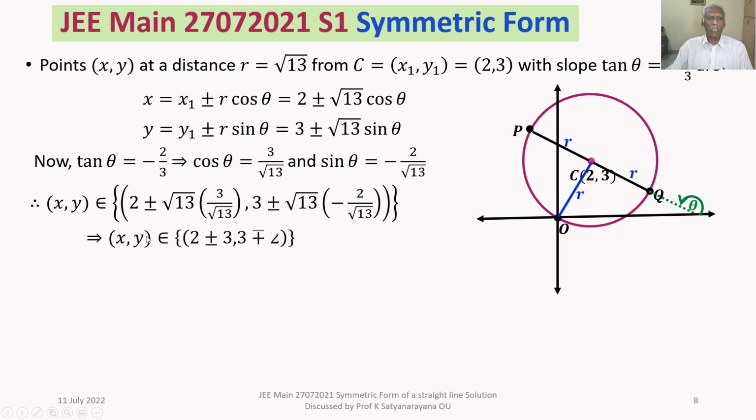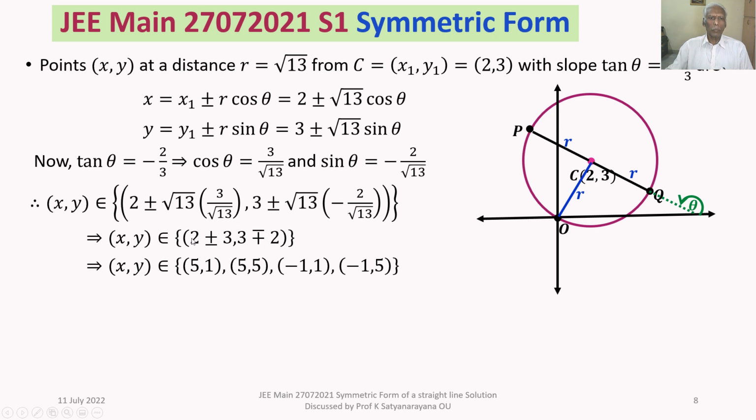So (x, y) belongs to 2 plus or minus root 13 cancels, plus or minus 3, minus or plus 2. Root 13 cancels, and we get this. Now (x, y) belongs to (2 plus 3, 3 minus 2), that is (5, 1).